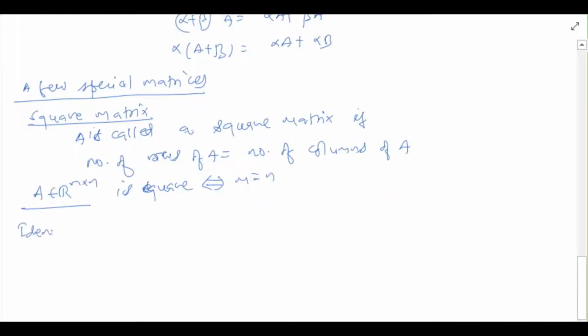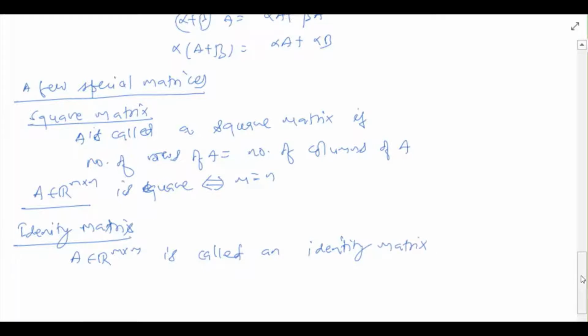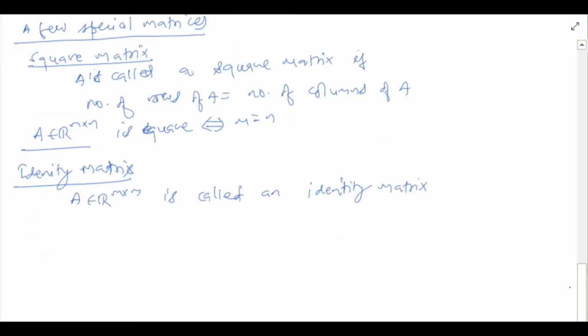Next we will see identity matrices. Identity matrices are square matrices. A, which is an m cross m matrix, is called an identity matrix if all its diagonal terms are 1 and off diagonal terms are 0.